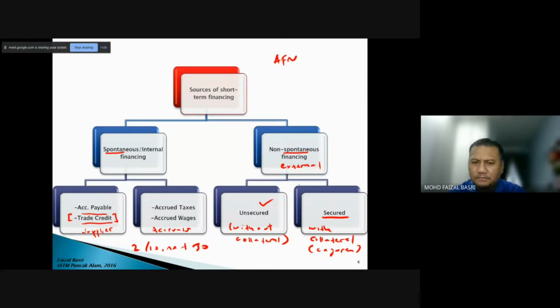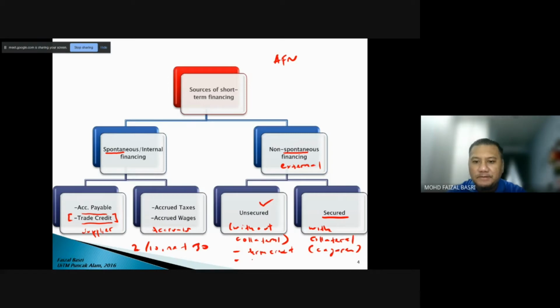And we have a few options under the unsecured external financing. For example, we can use the term credit. What else?